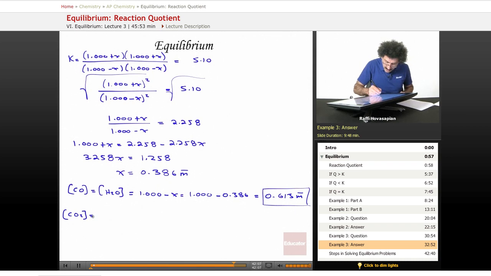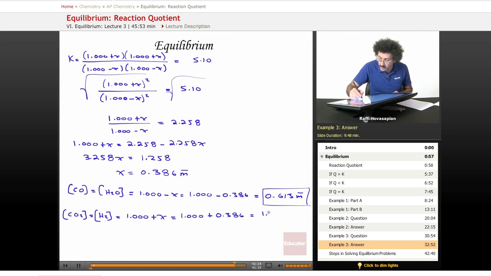CO2, I just really need to learn to write slower, I know that that's what it is, equals H2 concentration equals 0.000 plus X equals 1.000 plus 0.386, 1.386 molarity. Okay, and my friends, we have done it.